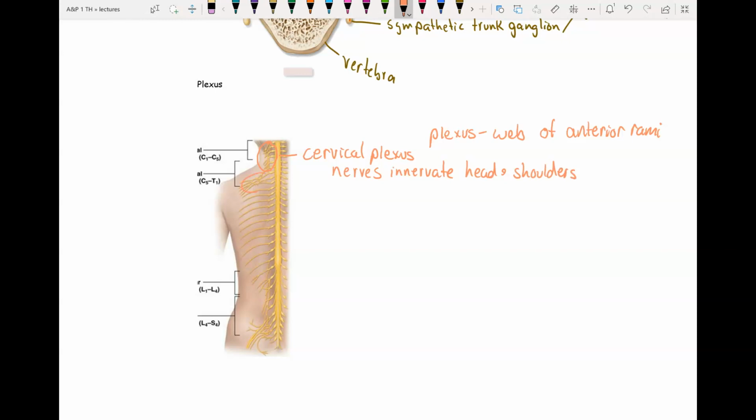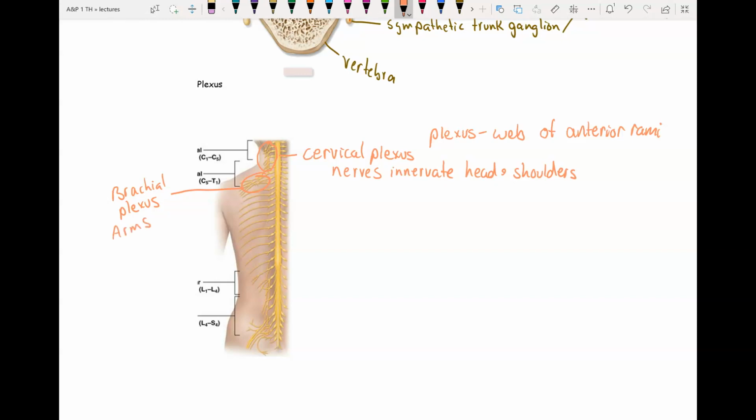Then you have the brachial plexus. And just think of your words that you know. Brachial is arm. So these nerves are going to go to your arms.